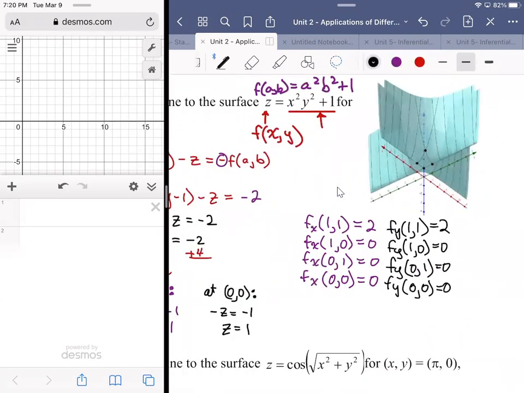So the vector would be 2, 2, negative 1, 0, 0, negative 1, and then the same the rest of the way.